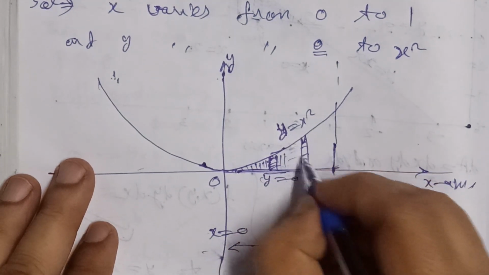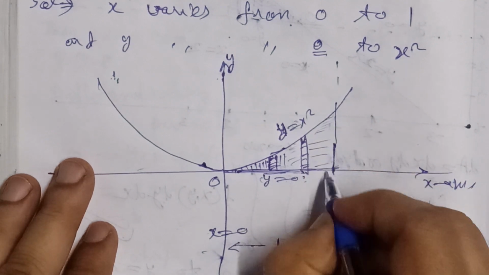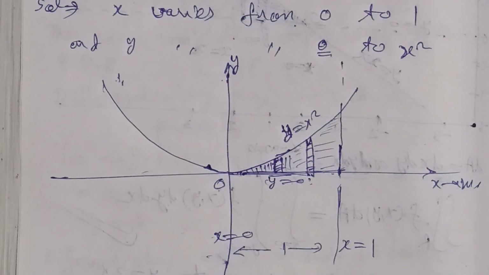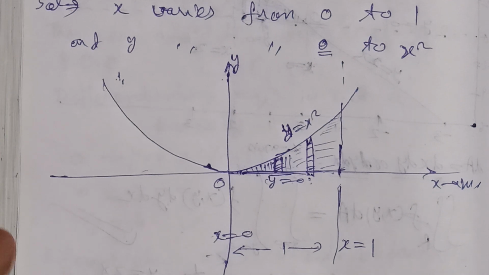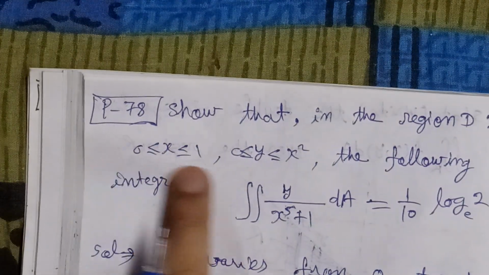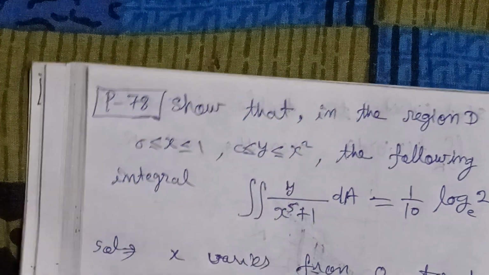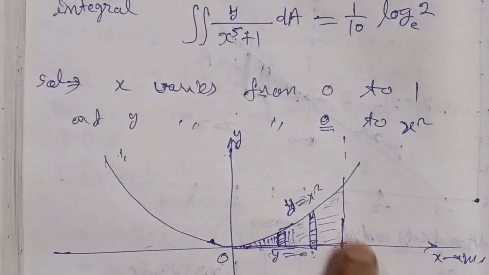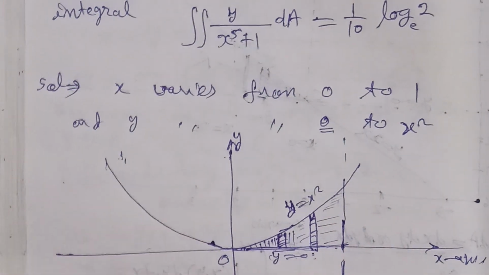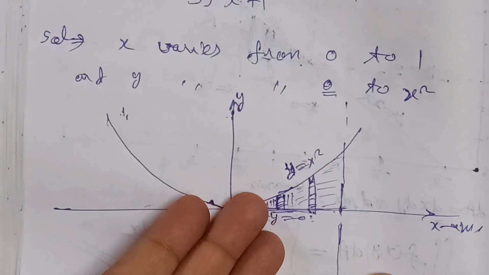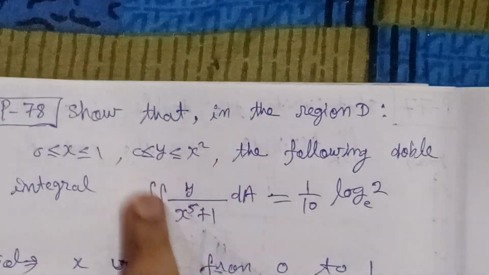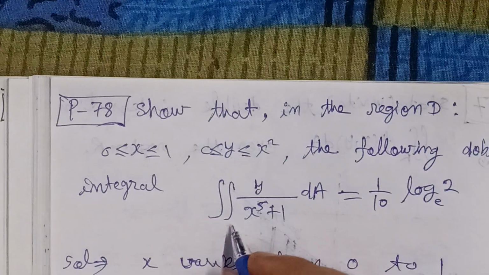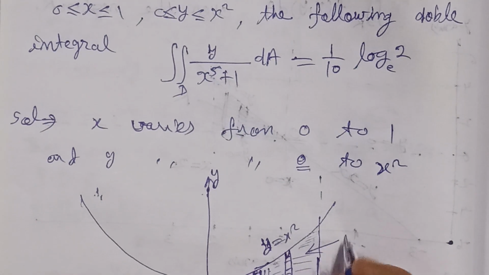So the limits of integration we can put by seeing this, and there is no need to draw the rest of the curve. This region is D.